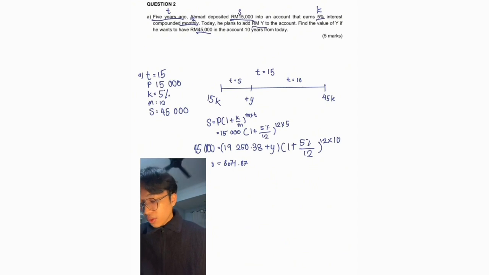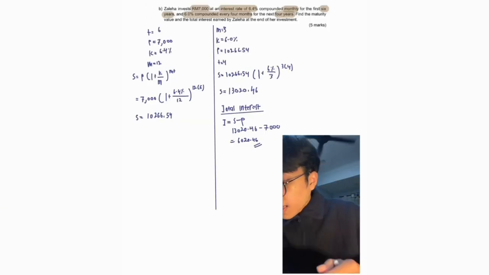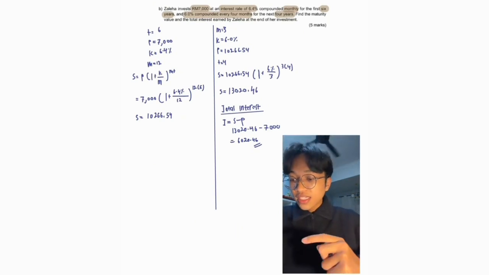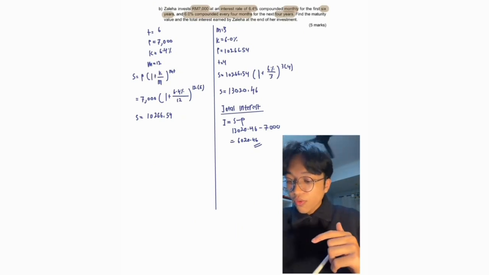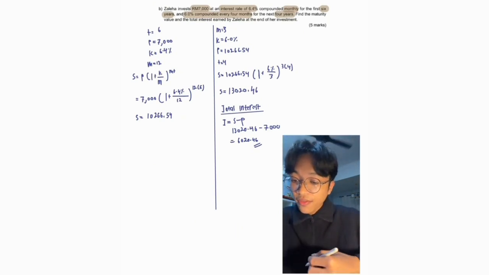After that, we need to find the Y. We insert the 45,000 equals 19,250.38 plus Y, and (1 plus 5% over 12) to the power of 12 times 10. We calculate using the calculator and we get 8,071.87.